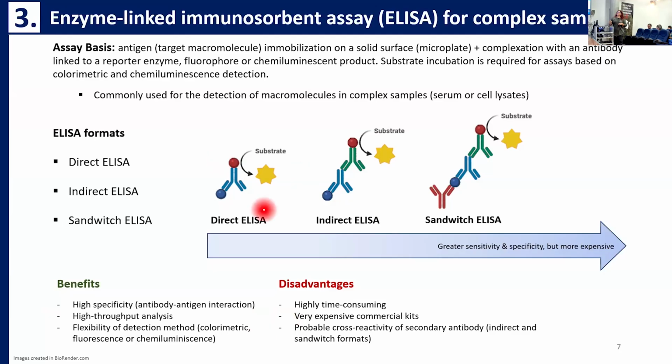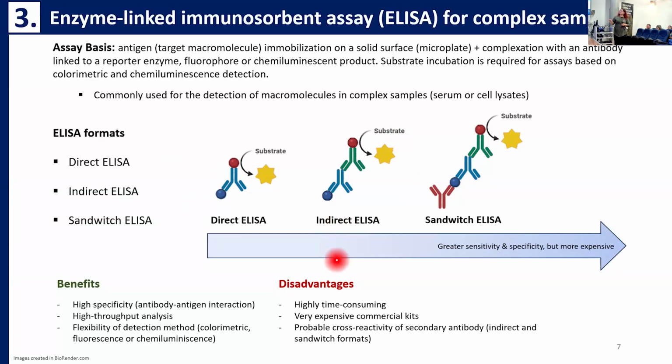The first is the direct ELISA, where we only have one primary antibody that will interact with our molecule of interest, and this one has the reporter enzyme, fluorophore, or chemiluminescent label in order to give the signal. This one is the cheapest because in the kit there is only one antibody, and we all know that biomolecules are expensive, but it is the least sensitive because we can have non-specific interactions on the surface.